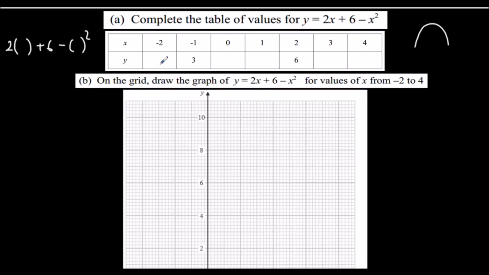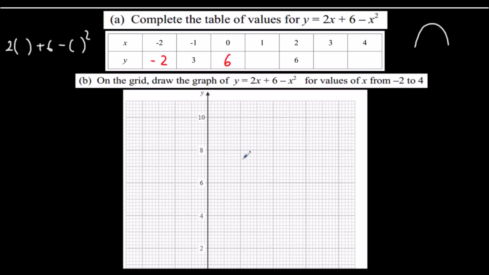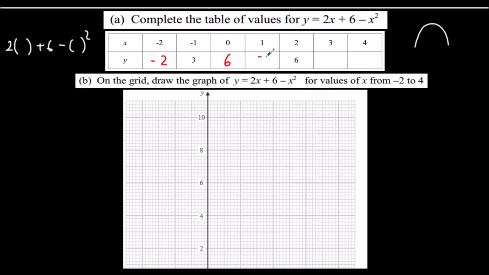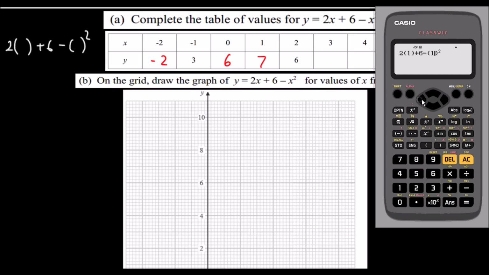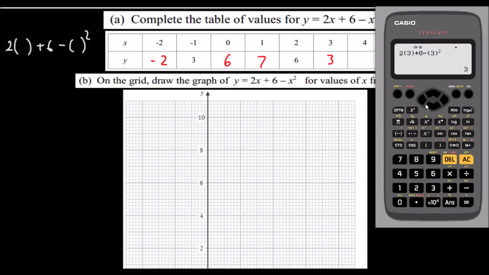So -2 gives us -2, 0 is 6, 1 is 7, 3 is 3, and 4 should be -2, looking at the symmetry.